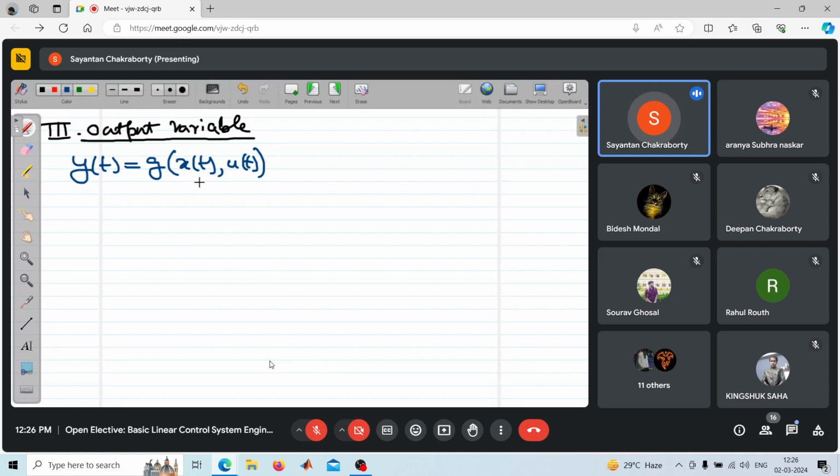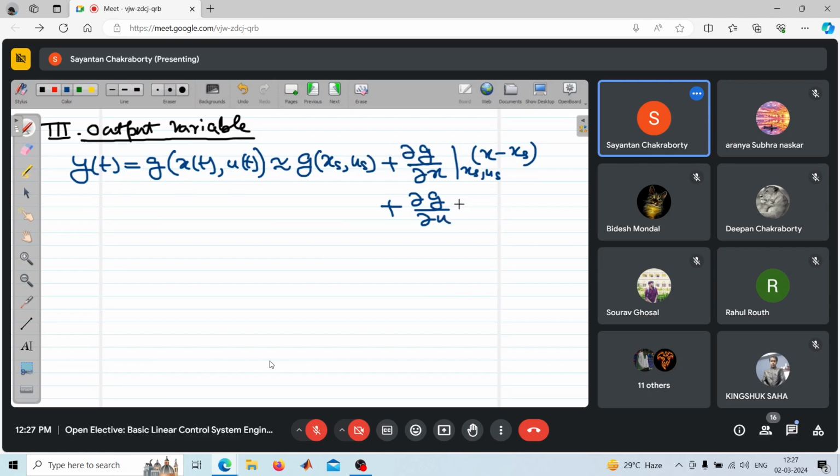Now the Taylor series expansion of this yt, neglecting the higher order terms, you can write is approximately equal to g of xs, us plus del g del x at xs, us times x minus xs plus del g del u at xs, us times u minus us, neglecting the higher order terms.